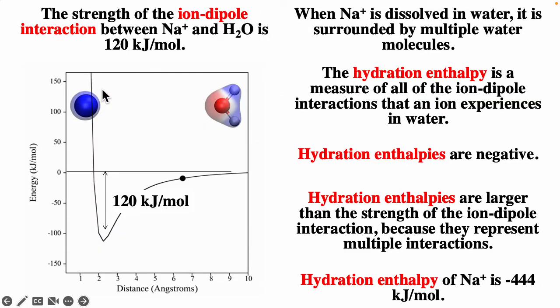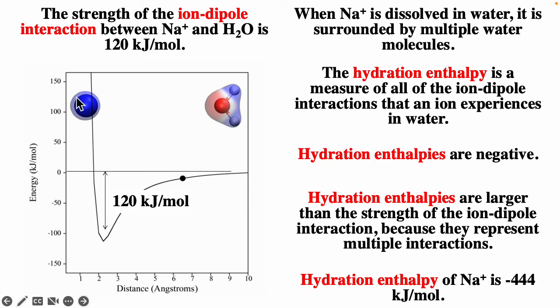And so if we have sodium in water, it will be surrounded by the oxygen end of the water molecule. When we're talking about enthalpy of hydration, it's a measure of all the ion-dipole interactions. Remember, for the ion-dipole interaction, it's like 150 kilojoules. Actually, it's 120 kilojoules per mole.